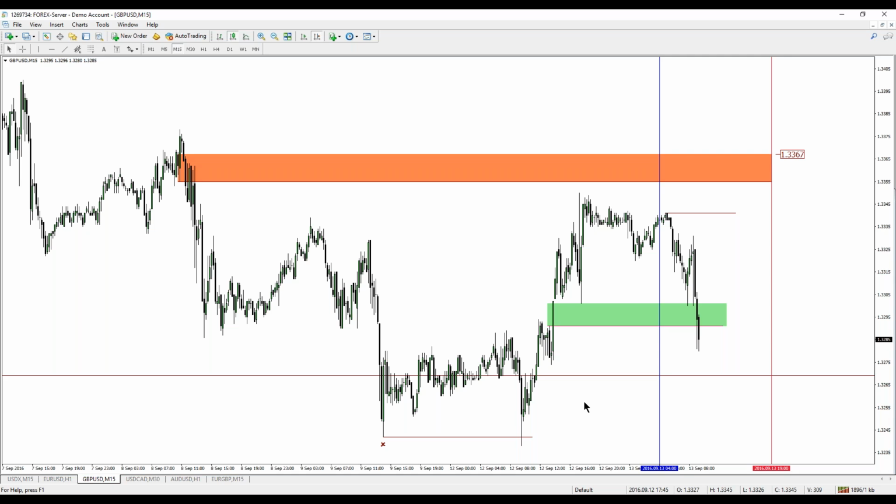Peter, he's asking, is equilibrium also a form of fair value? It is, but it has its own distinct characteristics, and you'll learn that this month as well. See, equilibrium is a distinct price level. It's not like a range or a zone or anything like that.